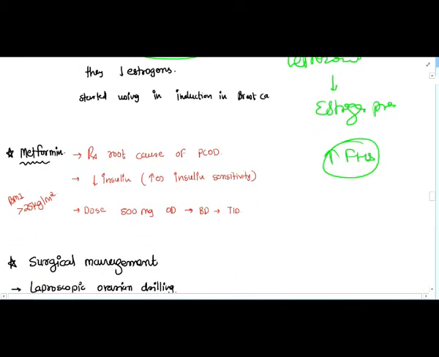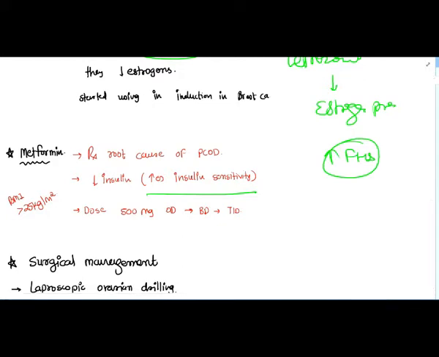There is a very specific place for metformin here. Metformin is used to treat the root cause of PCOD, that is metabolic syndrome. Metformin is an insulin sensitizer. It increases insulin sensitivity, so it will decrease obesity, it will correct the metabolic abnormalities, and it will definitely help clomiphene citrate to act.